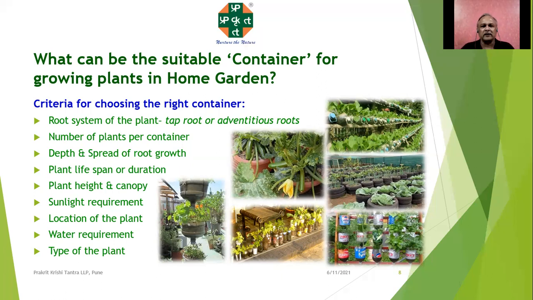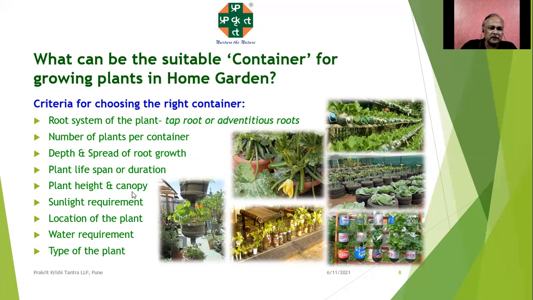So accordingly, the container size has to be selected, because if it is continuously growing for a longer period and doesn't have enough space for root growth inside, then you have to change the container, repotting is required. If you decide on the proper container in the beginning itself, then the changing of the container, repotting, can be skipped.